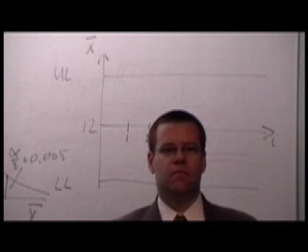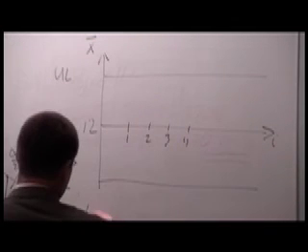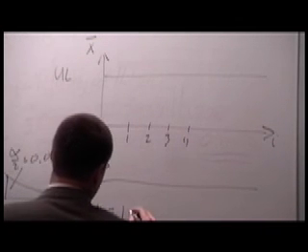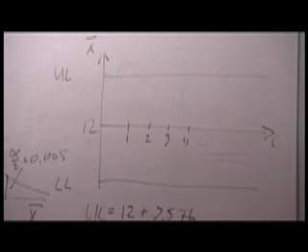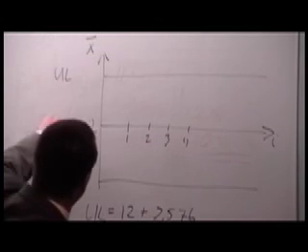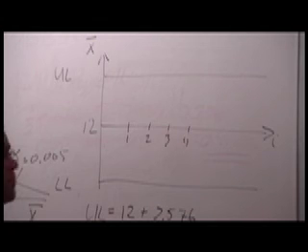12 plus 2.576. Almost. Is that the upper level or lower? Well, 12 plus would be this way, right? Yeah. It's the upper level.